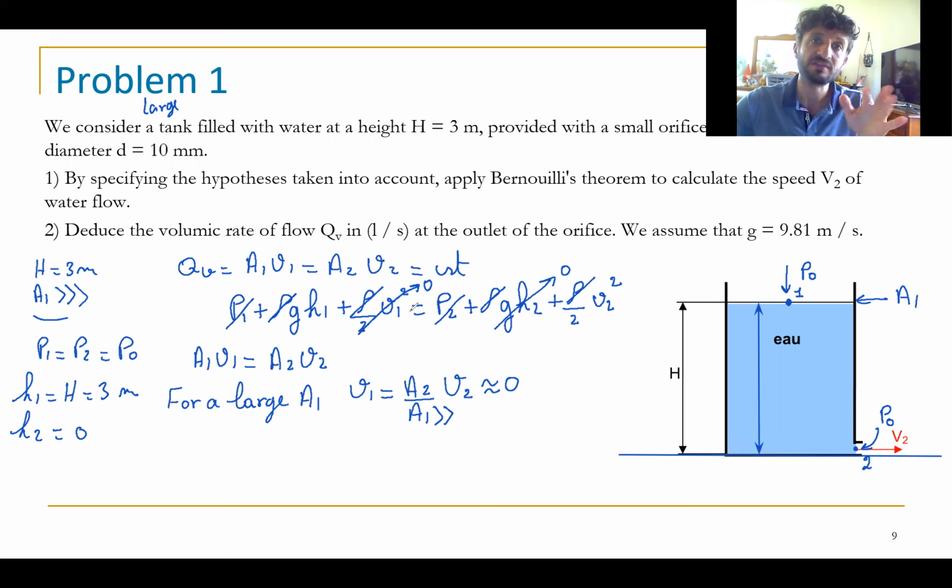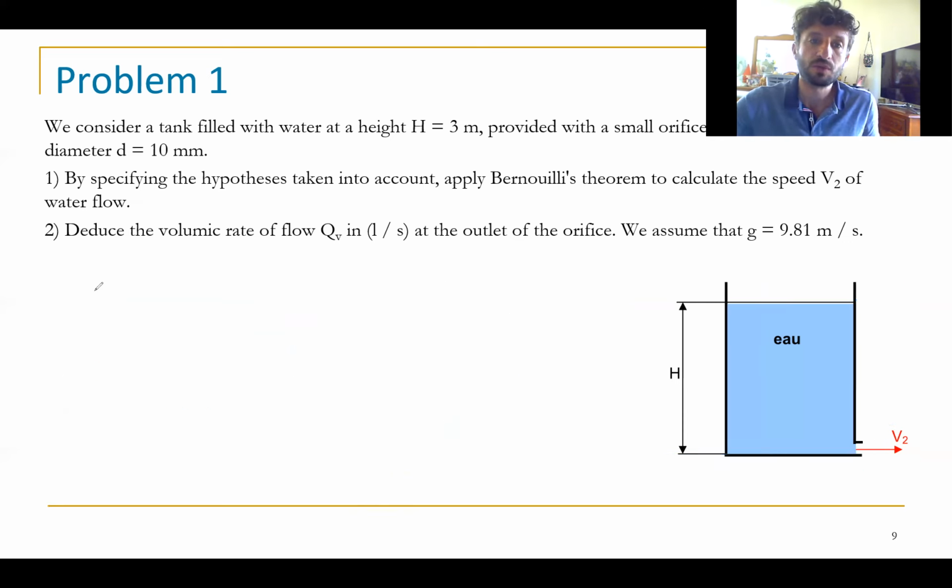Finally, we can calculate V2, which equals radical 2gH, where H is capital H. So V2 equals radical of 2 times 9.8 times 3, which is about radical 60 meters per second.